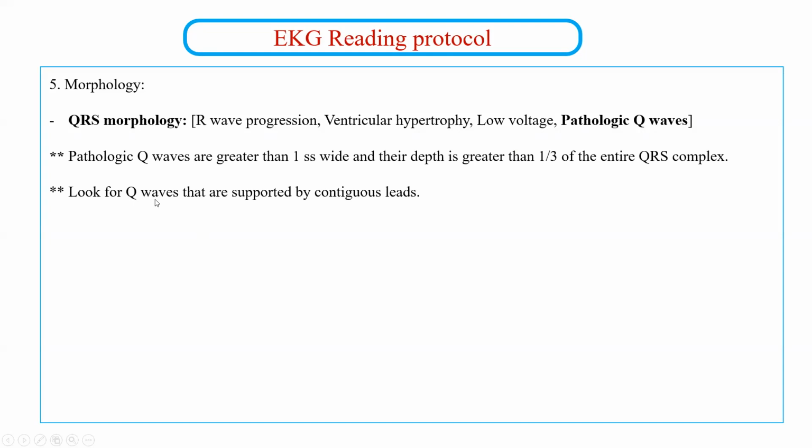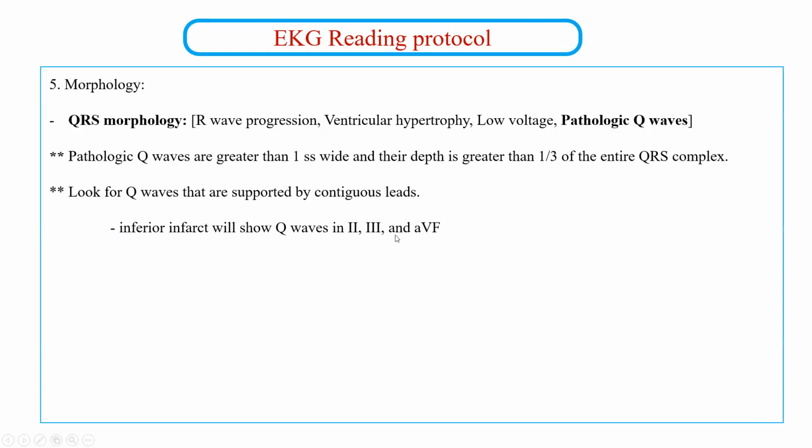Now, a pathological Q wave signifies ischemia, but you have to support this by contiguous leads. They should be in an anatomical pattern. For example, in an inferior infarct, you will find the Q waves in lead 2, lead 3, and AVF. You have to see the Q wave in all these 3 leads. Okay, especially in lead 3, guys.